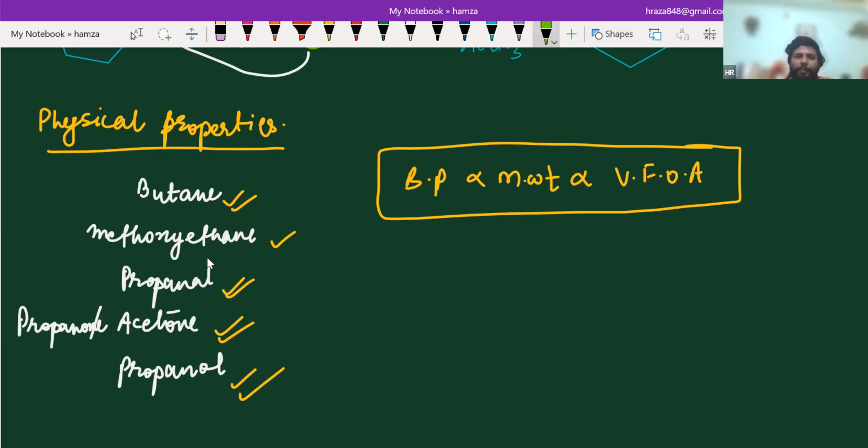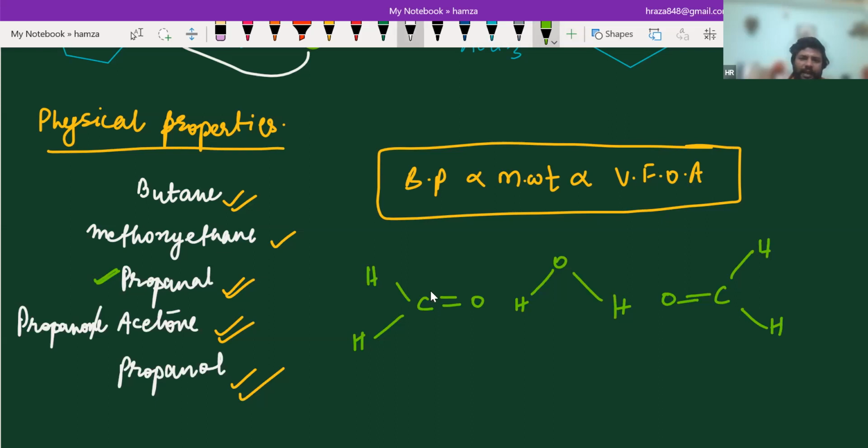And these are all of comparable mass. This is also important to note: in propanol there will be hydrogen bonding. If you have an aldehyde like this present in water, and you have another aldehyde like this, this will have delta negative, this delta positive, this delta negative, delta positive.